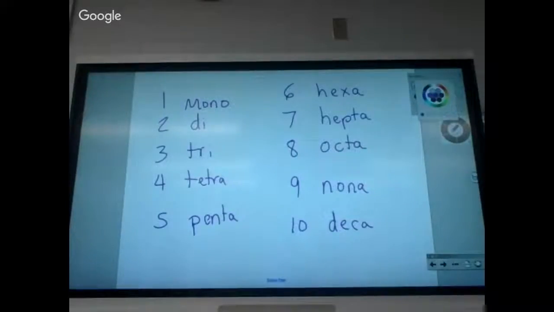The only one you might not know is tetra. Now, learning the prefixes should not be a great challenge for any of us. So, you should not have any struggles to be able to learn these prefixes for tomorrow's quiz.